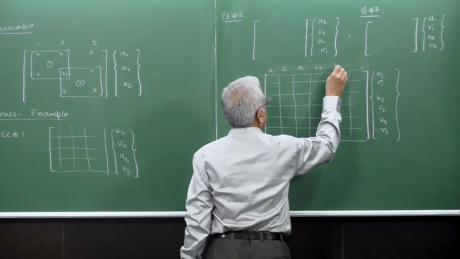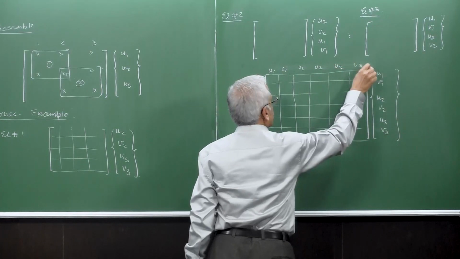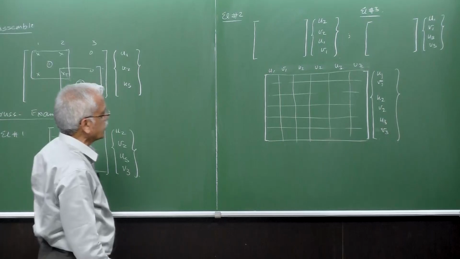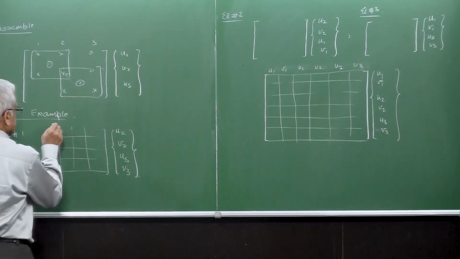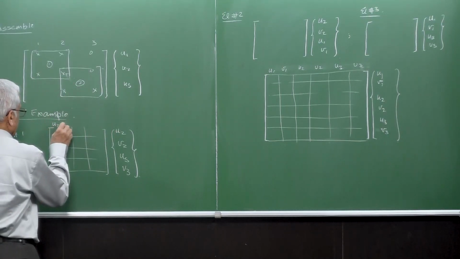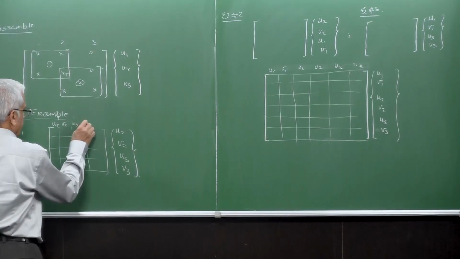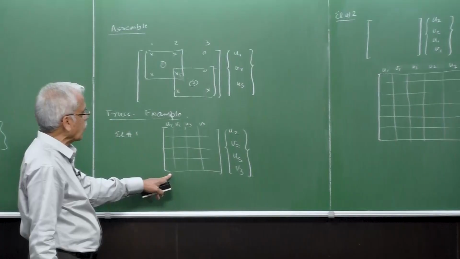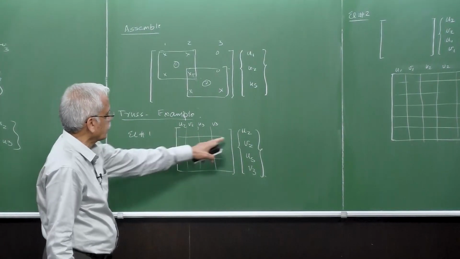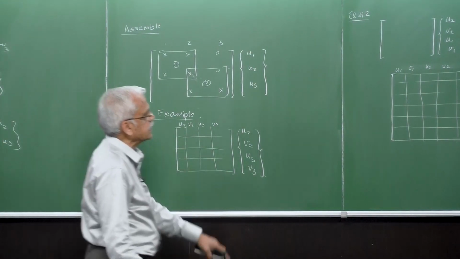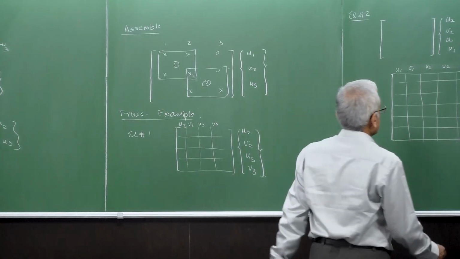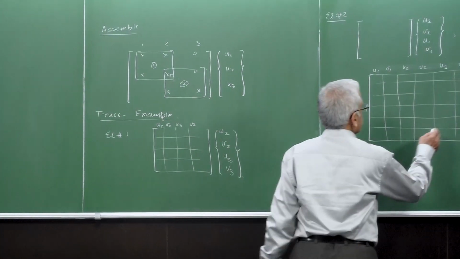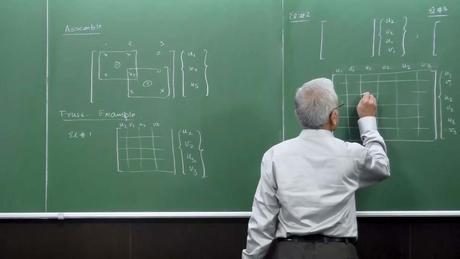You can also write it this way because 2 belong to each node. So for example, where will this go? This goes to U2, V2, U3, V3. So this element will go to here.